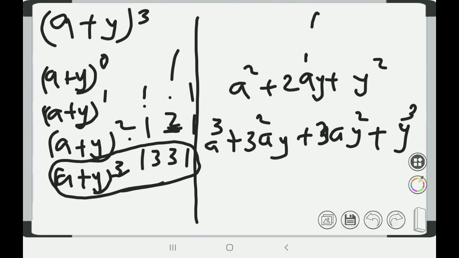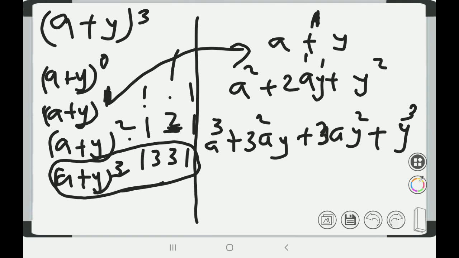Here we have y raised to 1, decreasing towards the right and increasing towards the left. And here we have a plus y. When we have 1, it should remain like that, like a plus y, and then any number raised to 0 should get 1.